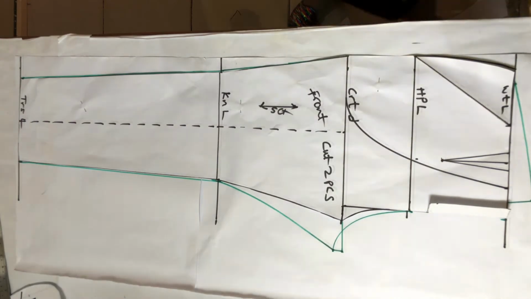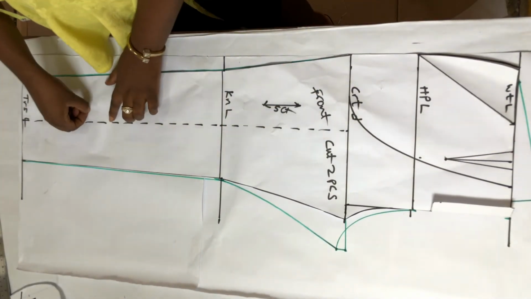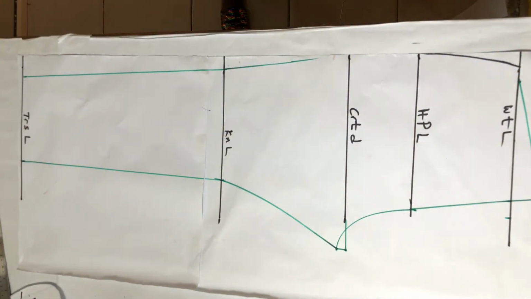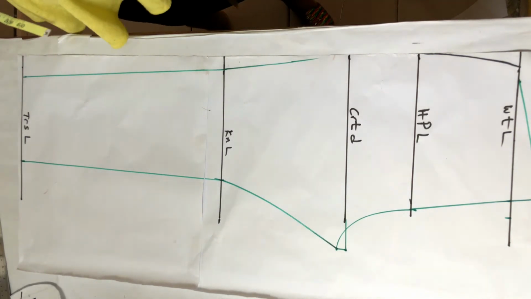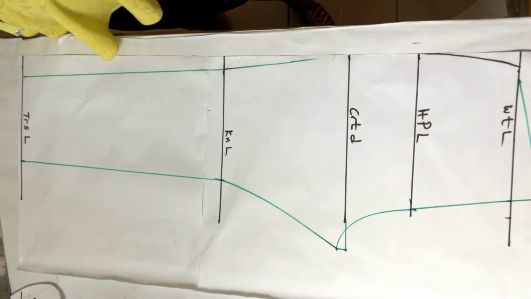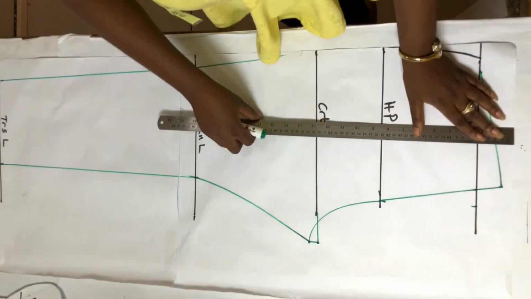Now I'm going to remove the paper. I'm going to draw my dart.